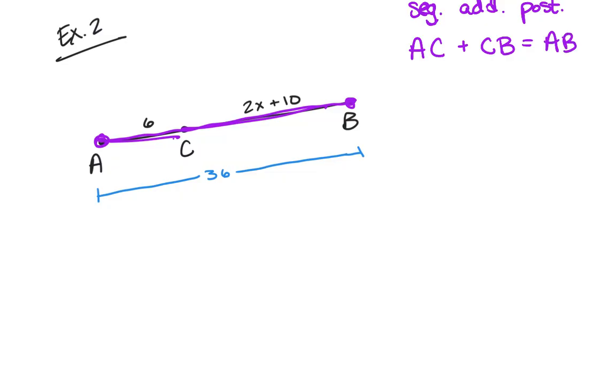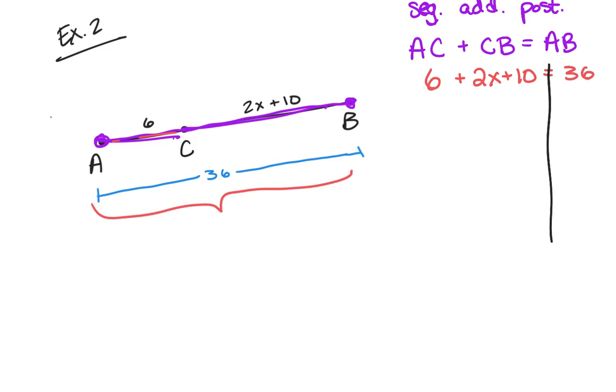Now I'll use the substitution property. Let's plug in. What was AC worth? AC was worth 6. CB was worth 2x plus 10. And AB, the distance from A to B, was worth 36. Now when I solve this, I've got some algebra to do.